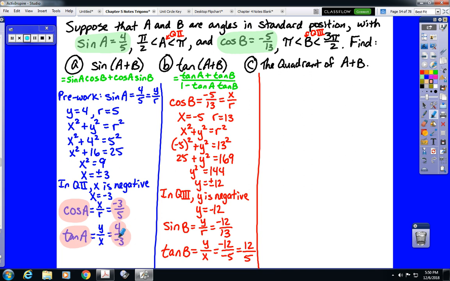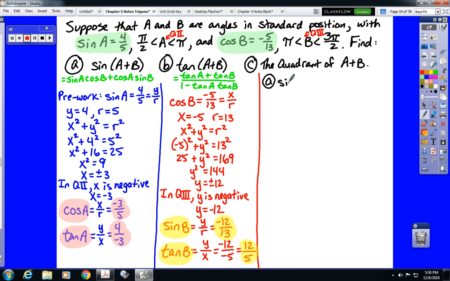We also were given that the cosine of B was negative 5 over 13. We used that to find that the sine of B was negative 12 over 13, and the tangent of B was 12/5. So we have everything we need to do parts A, B, and C.